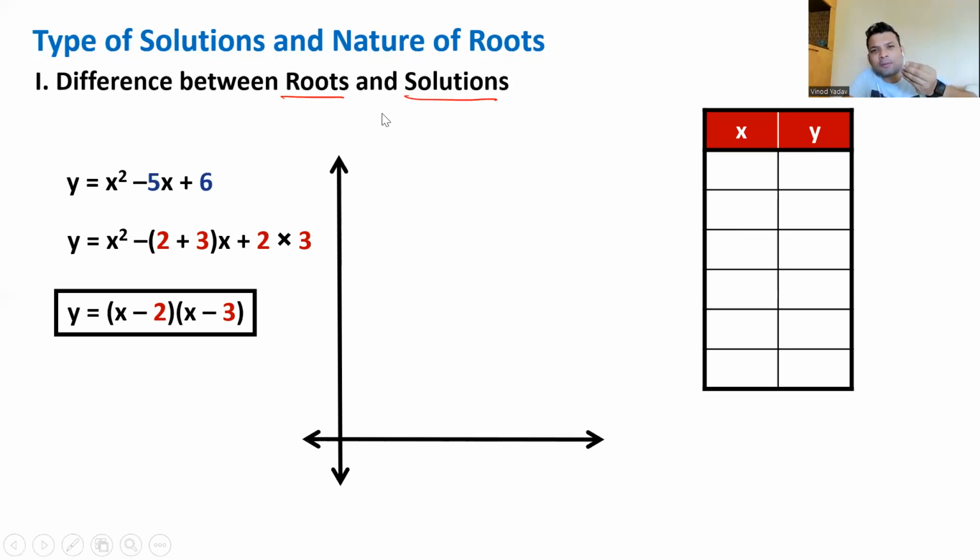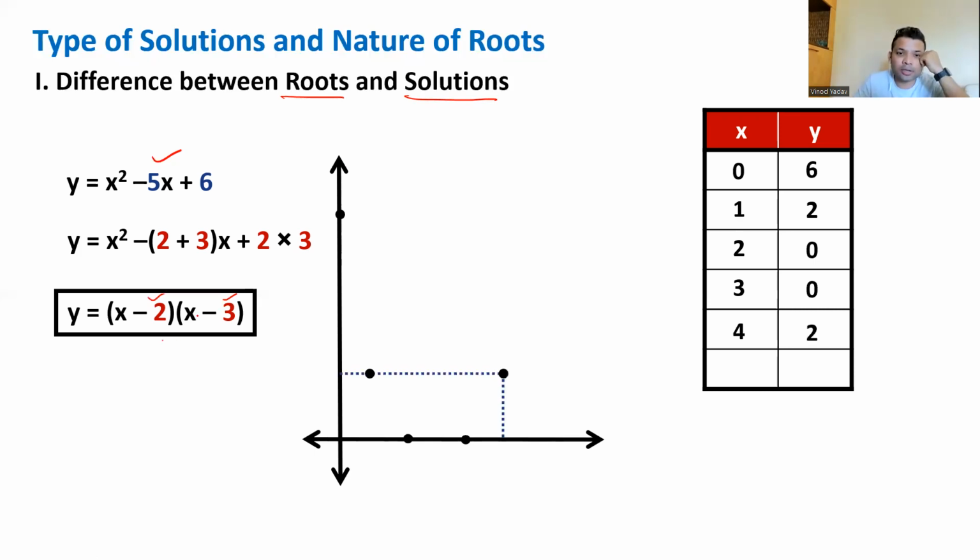Take some values of x, accordingly you'll get values of y, and then join those points, then you get that shape. ठीक है, x को 0 लिया, so -2 into -3 will remain, means 6 आएगा. x equal to 0 तो y 6, x को 1 लिया तो y 2 आएगा, x को 2 लिया तो y 0 आएगा, x को 3 लिया तो भी y 0 आएगा ऑब्वियसली, x को 4 लिया तो y 2 आएगा.